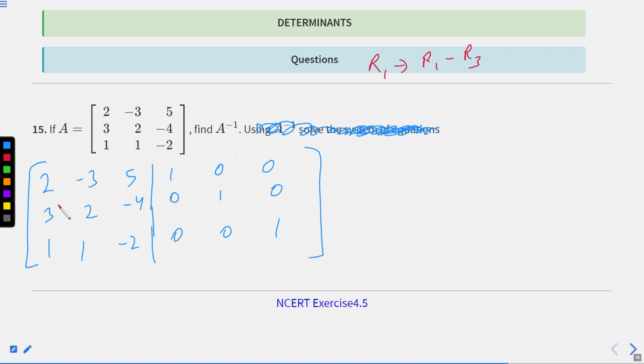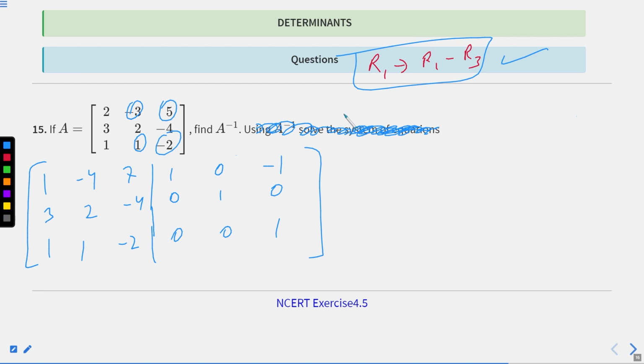This minus this, what you will get? 2 minus 1 will give me 1, minus 3 minus 1 will give you minus 4. 5 minus minus 2 will give you 7. 1 minus this will give you 1, 0, and this you will get minus 1. Simple. So first is this. Done. Now I want 0 here.